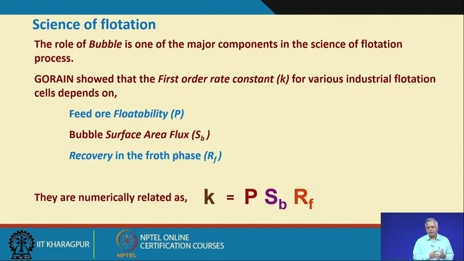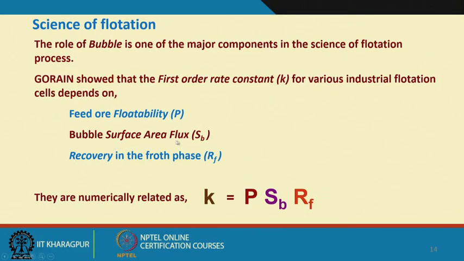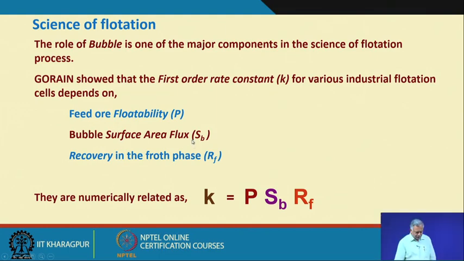There are various tests, various methods to do that, and you have to test it in the laboratory with a small amount of materials, and that is called the floatability. Then another term he had used, that is called the bubble surface area flux SB, and recovery in the froth phase, that is RF.